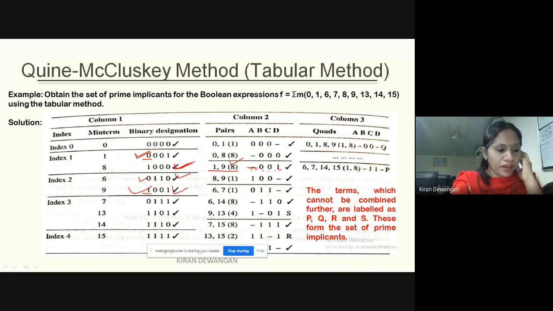Can 8 and 9 form a pair? Yes. 8 and 9 can form a pair because they are again differing by 1 bit, and that is the position of 2 to the power 0. So 8 and 9 differ in 1 position, and we can write the binary designation as 1 0 0 dash.